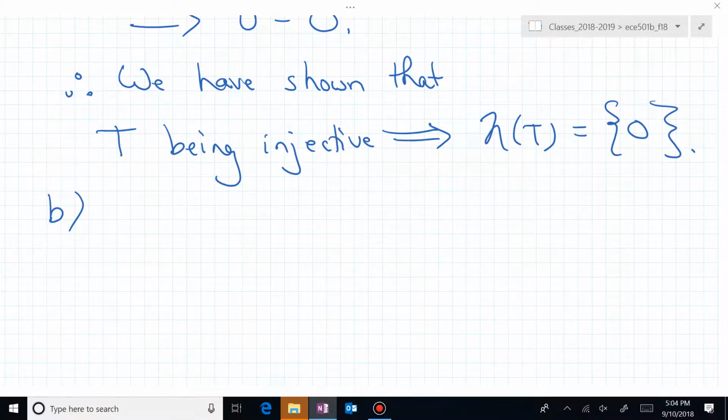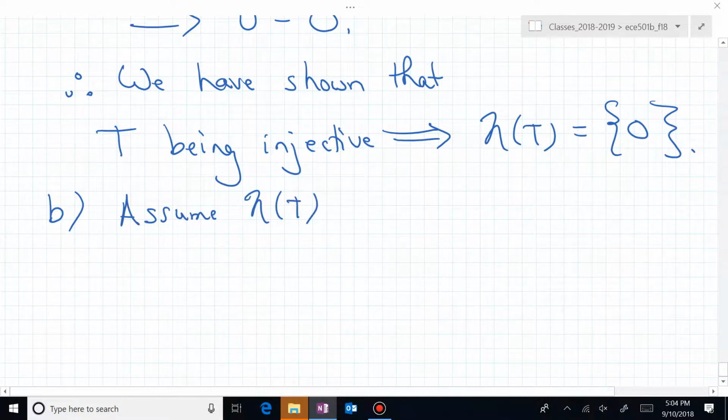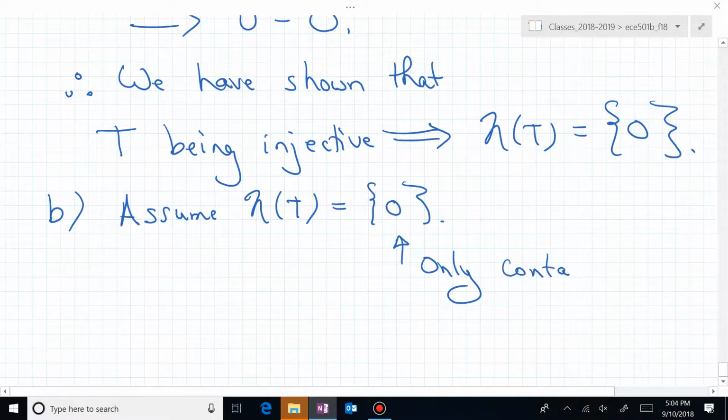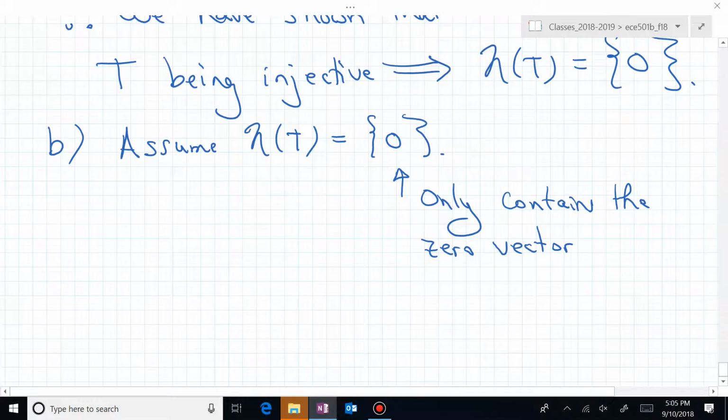Now let's condition our statement on the first one. If the null space of T is the 0 vector, let's show that that creates a linear map that's injective. So now assume that the null space of T is the 0 vector, only contains the 0 vector.